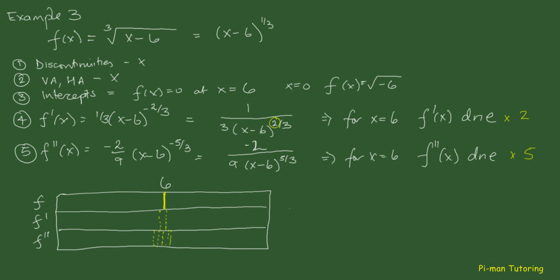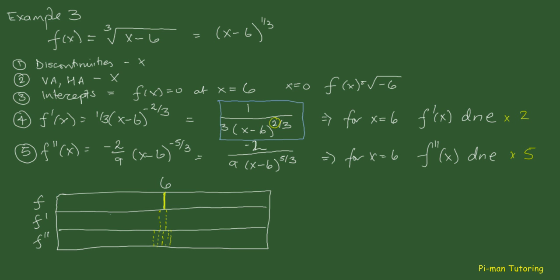Let's now look at the values of the slopes in those areas. To the left of 6, f dashed of x, and we're looking at this expression here. If x is less than 6, I'm going to get a very negative number here, but I'm going to square it and then take the cube root, so it's going to be a positive number.